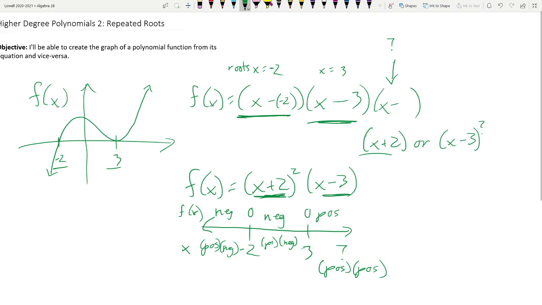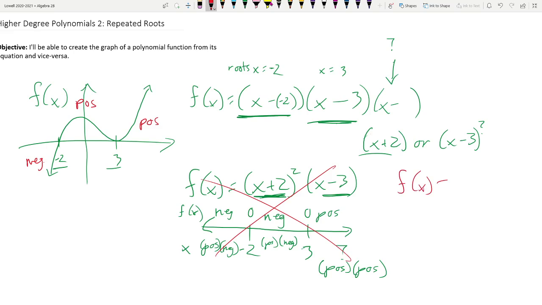And check this out, our function is negative. Oops, sorry, not positive. Negative, positive in the middle, and then positive again. So our graph, this function right here, would not actually work. So it must be the other one, but let's just double check.